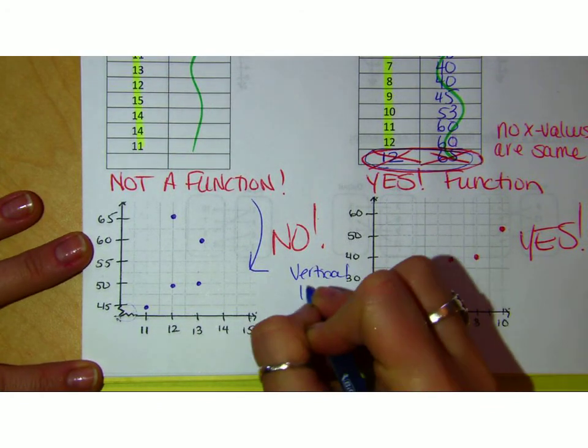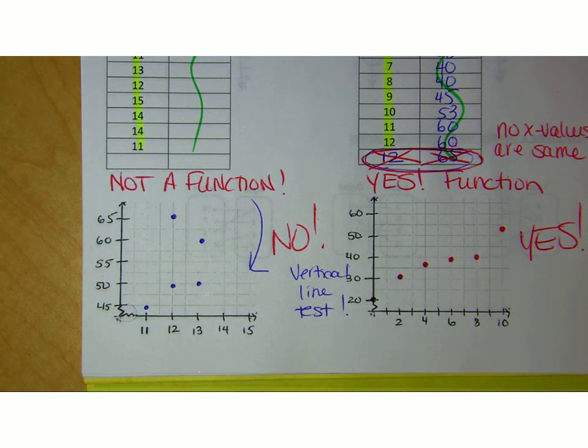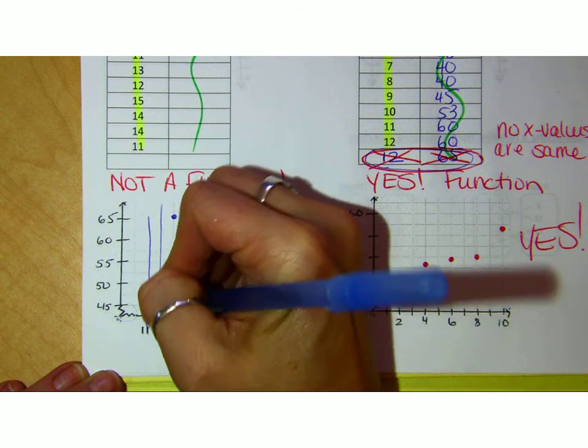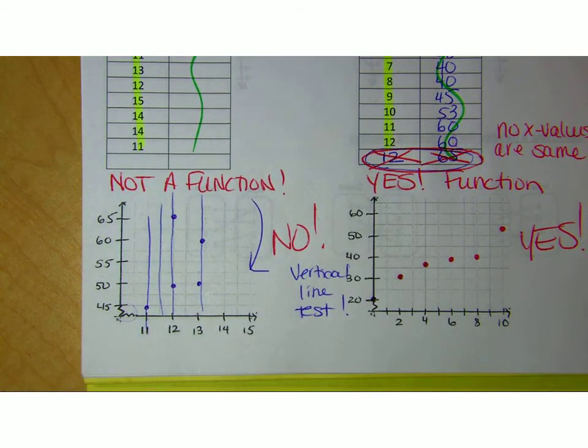And the vertical line test says, take a graph and start drawing a bunch of up and down lines. Like this. And if more than 1 point is on your line, it fails the vertical line test and it's not a function. Here's why. So I want you to put a little extra here.